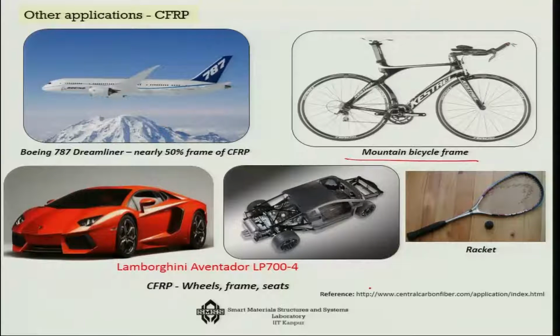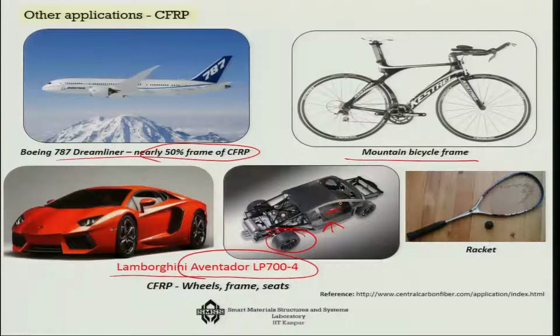The 787 Dreamliner has nearly 50% of its frame made of CFRP. And the other interesting application is in racing cars like the Lamborghini Aventador. You will see that CFRP is used in its wheels, in its frames, and in the seats itself.